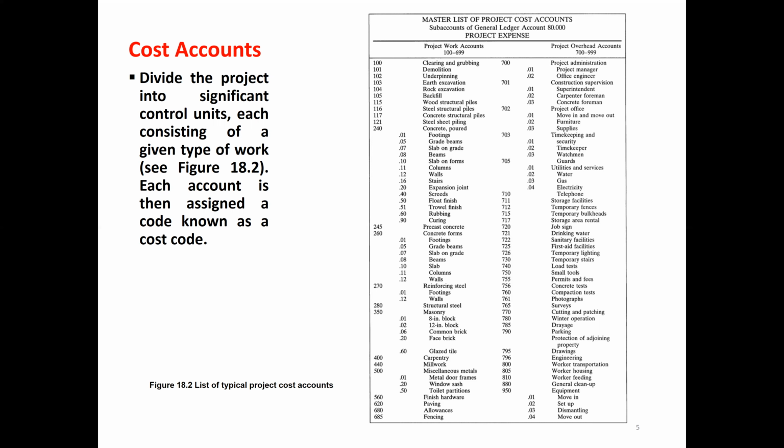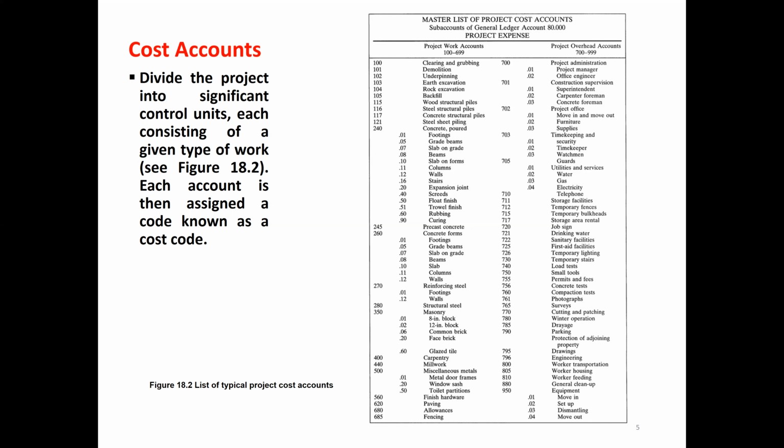Each account is then assigned a cost code. We call it a cost code. So we divide our project into a number of typical project cost accounts. Table 18.2 gives the master list of project cost accounts.